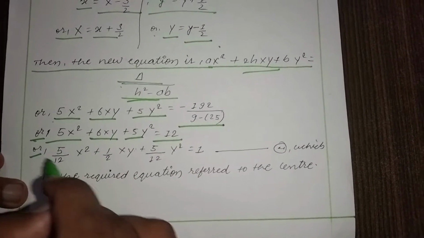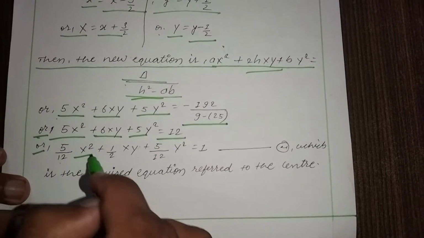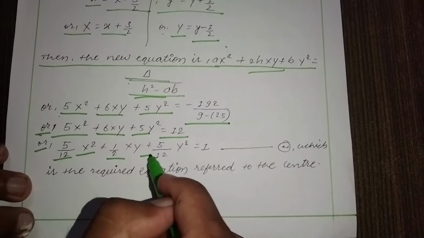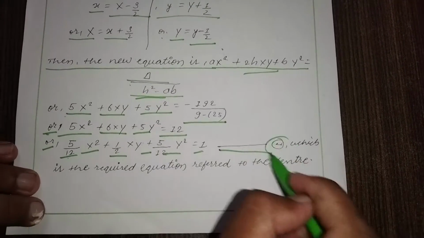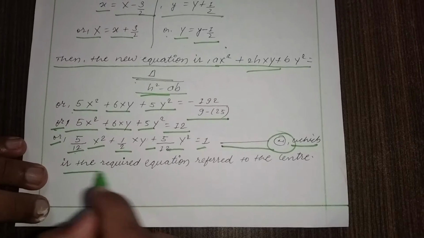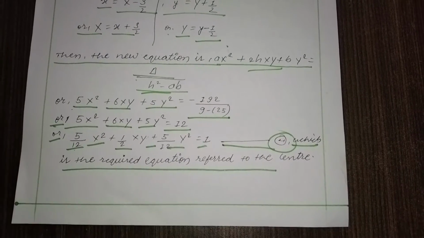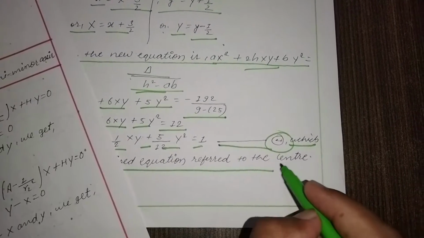Now solving this, we get 5 by 12 x square plus 1 by 2 xy plus 5 by 12 y square equals 1, which is our equation number 4. This is the required equation referred to the center.